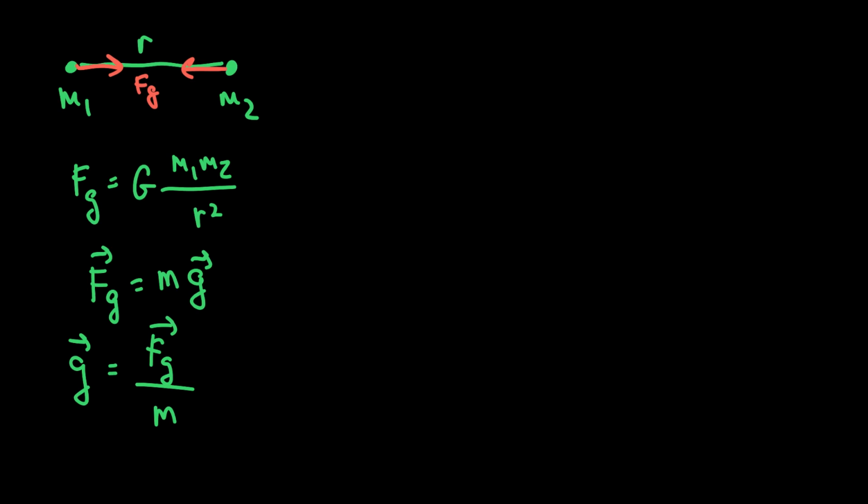While we typically think of the gravitational field as having units of meters per second squared, we could also think of it as having units of newtons per kilogram. The force per kilogram on an object with mass m.